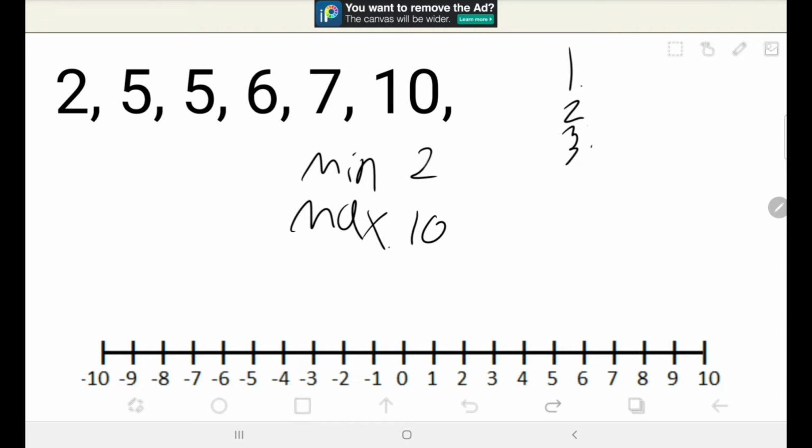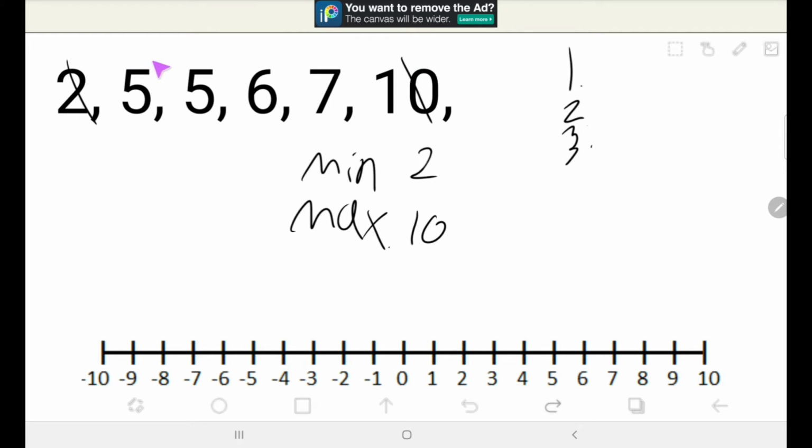So how do we find quartiles? The second quartile is literally just the median. Whenever you think of quartile 2, just think of it as the median. What is a median? It's just the middle number in a set of numbers. So what is our middle number?